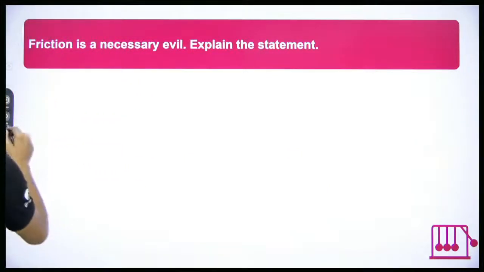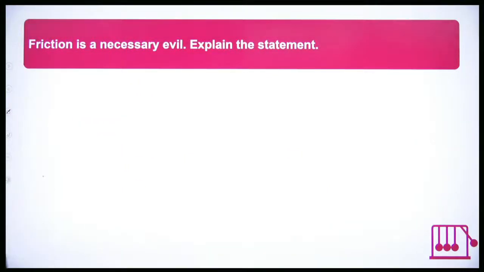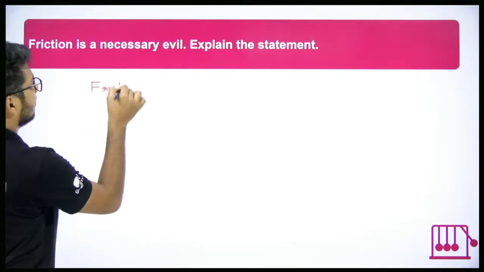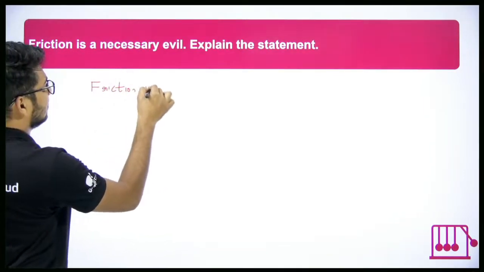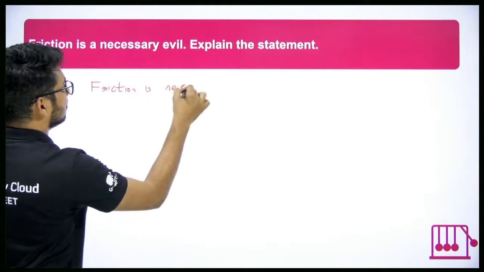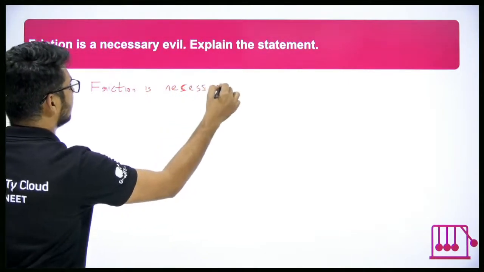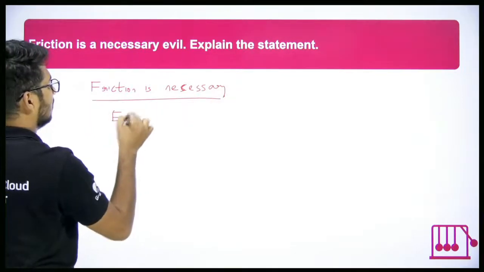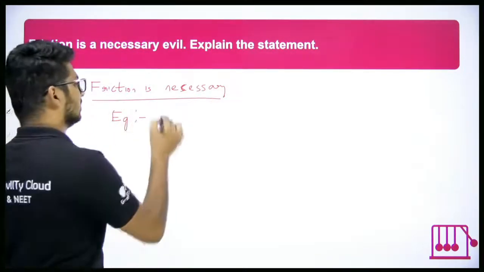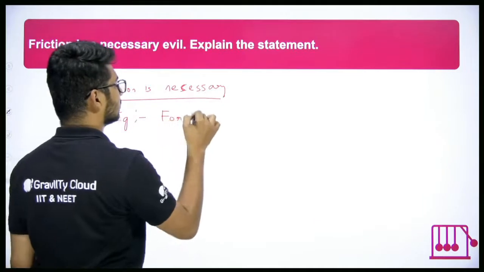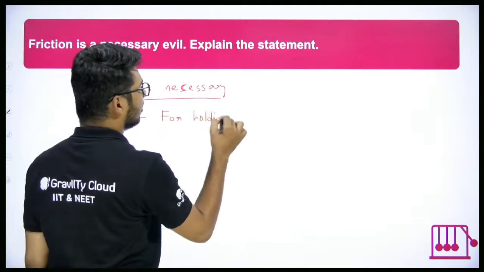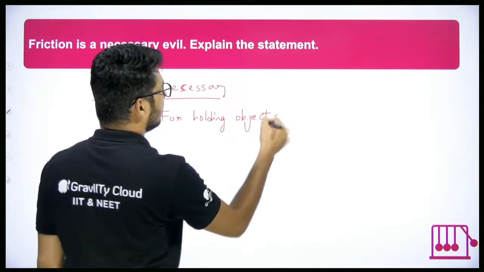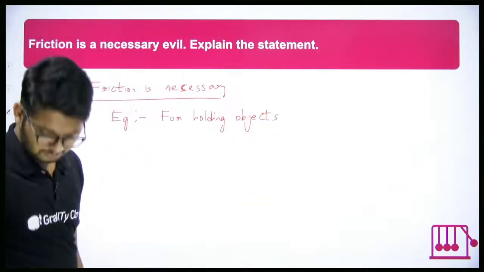So here we have to explain it. It's very simple. You can justify both of them. Friction is necessary. Just give an example. For example, I'll say that for holding objects, without friction you cannot hold objects, so friction is necessary for holding objects.